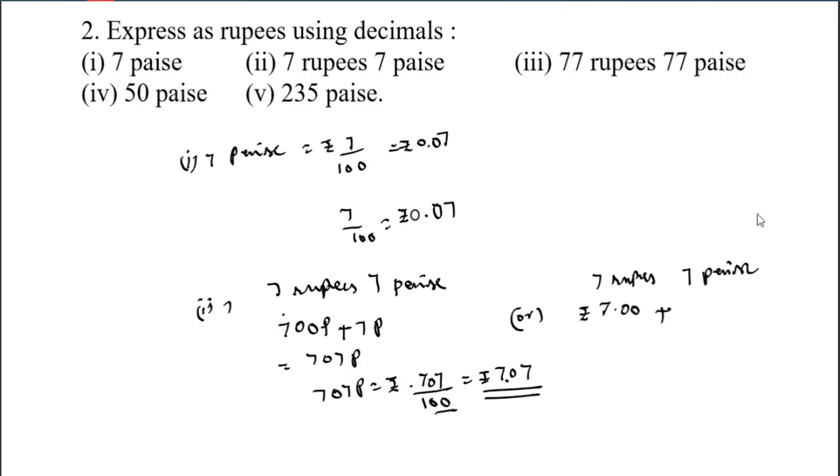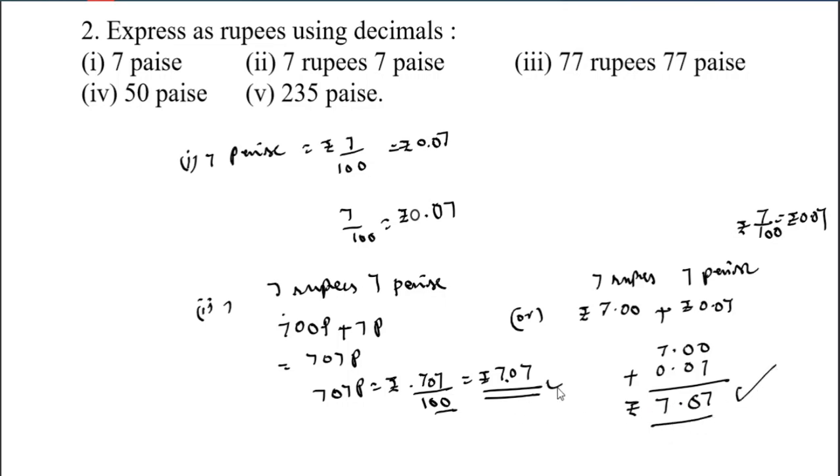We know that 7 paisa means 7 by 100 rupees, which is equal to 0.07 rupees. Now add the decimal numbers: 7.00 plus 0.07 is 7.07. So we get the same answer.